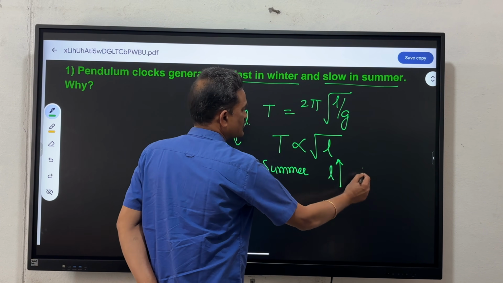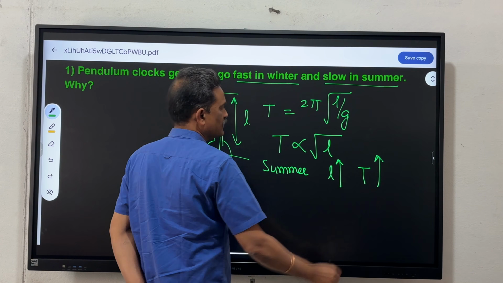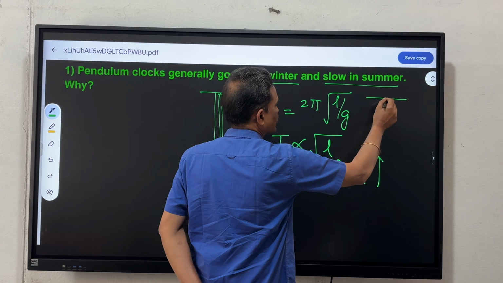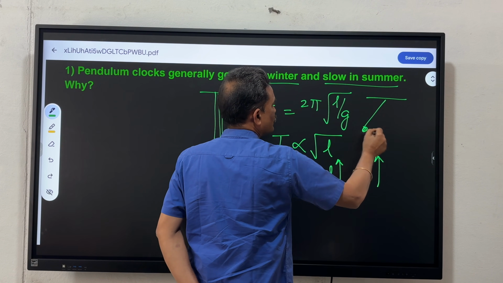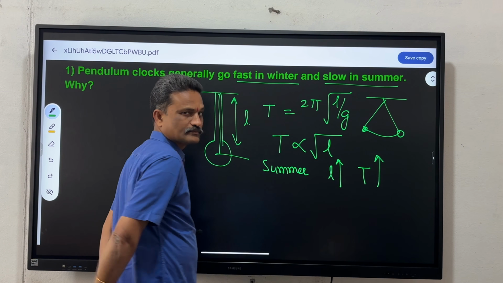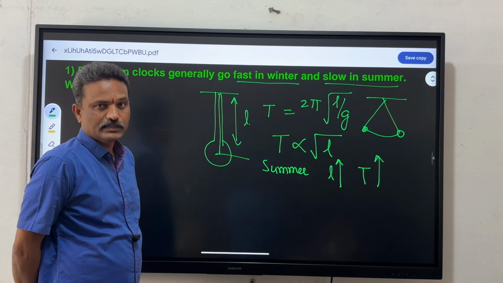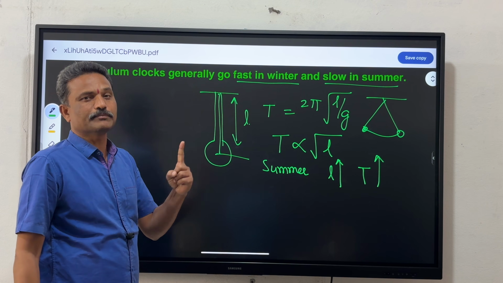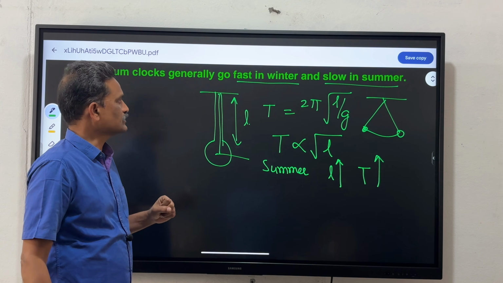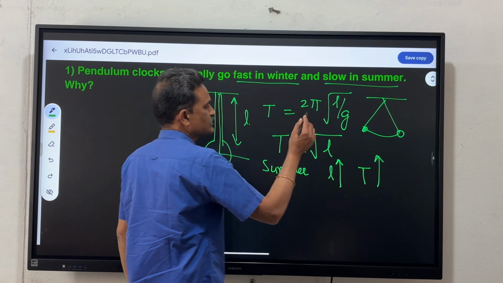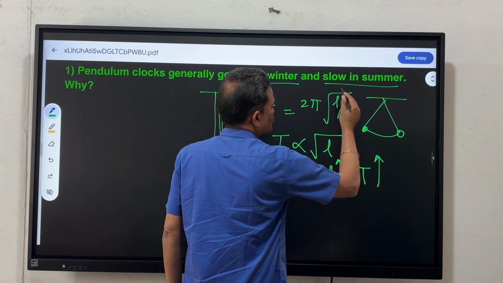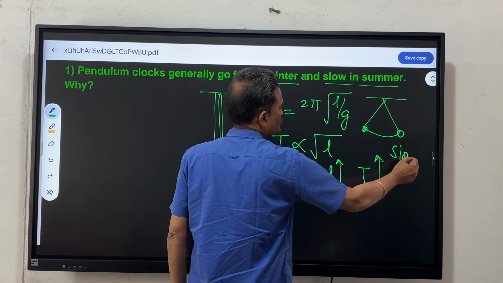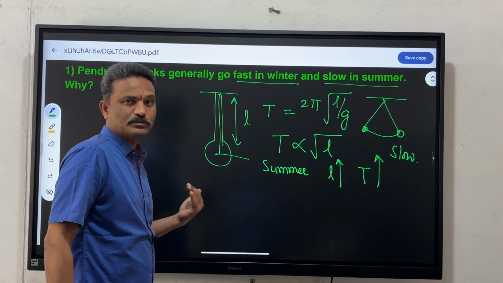When length increases, the period of oscillation increases. So it takes much time to complete one oscillation. So T is more means it is taking much time to execute one oscillation. So that is the reason why in summer it shows slow time. It goes slow.